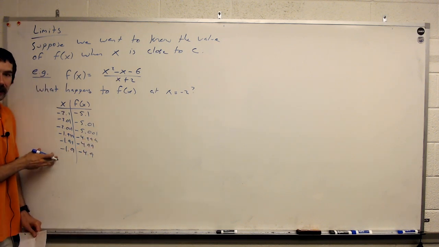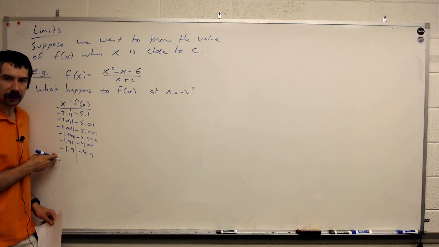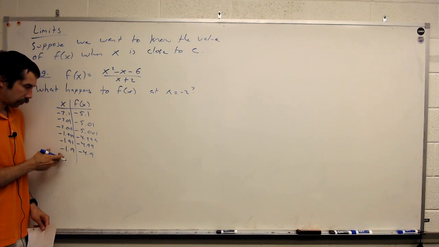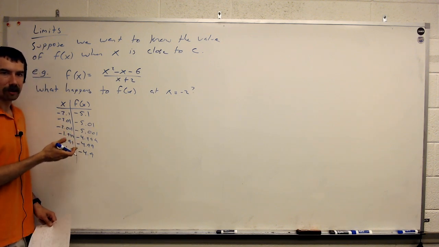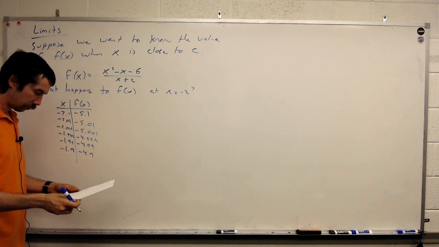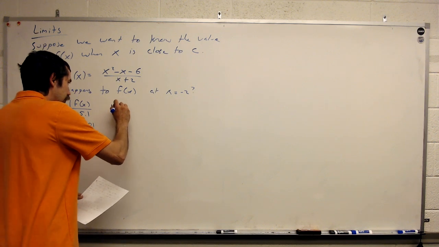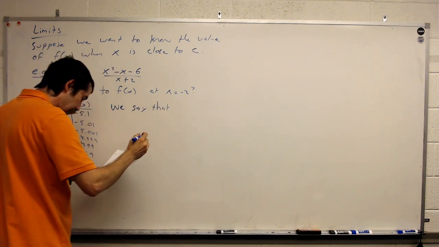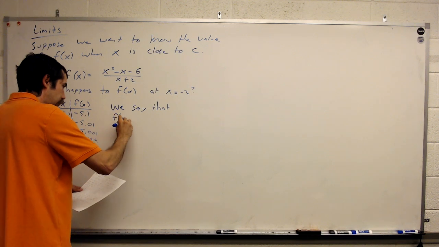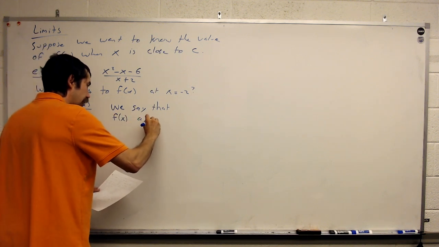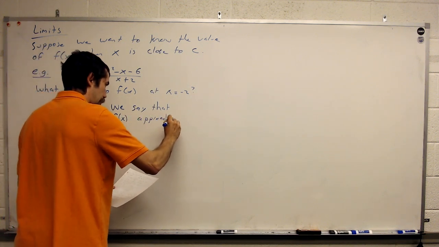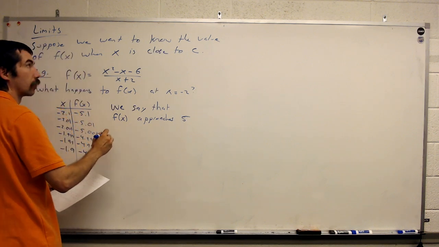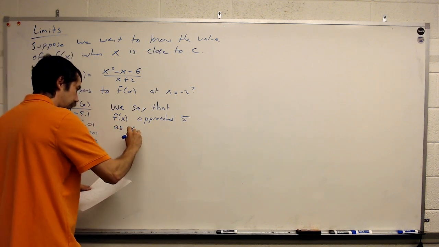So when we're plugging in values of x a little bit bigger than negative 2, our f of x value is still getting close to negative 5. And so we say that f of x approaches negative 5 as x approaches negative 2.